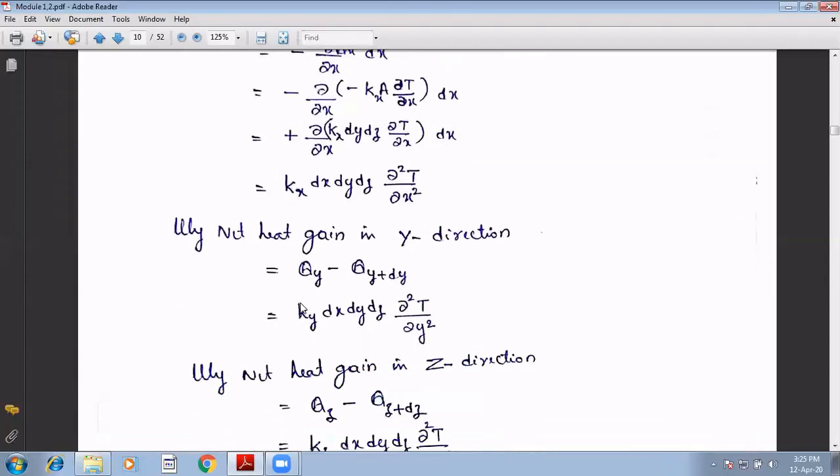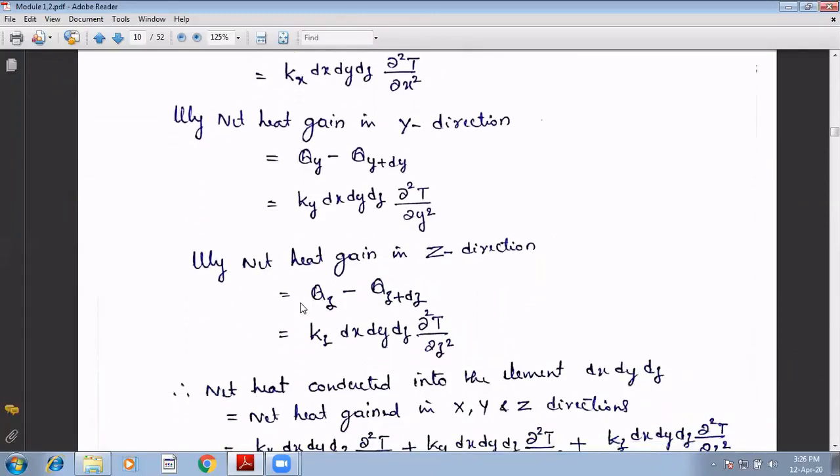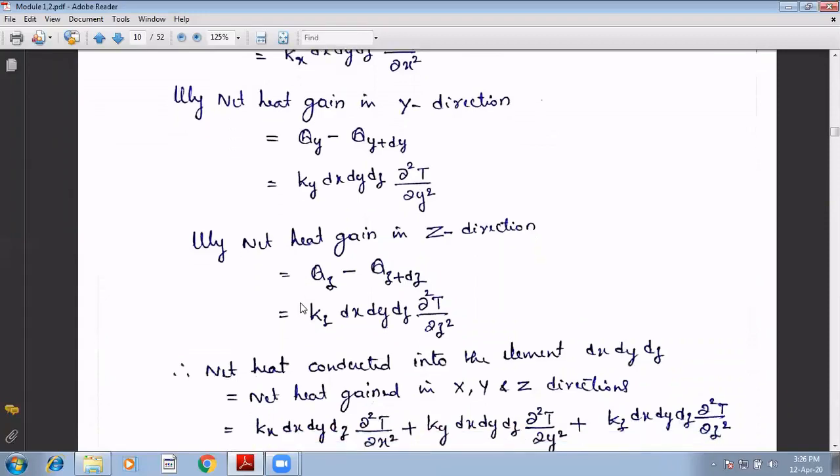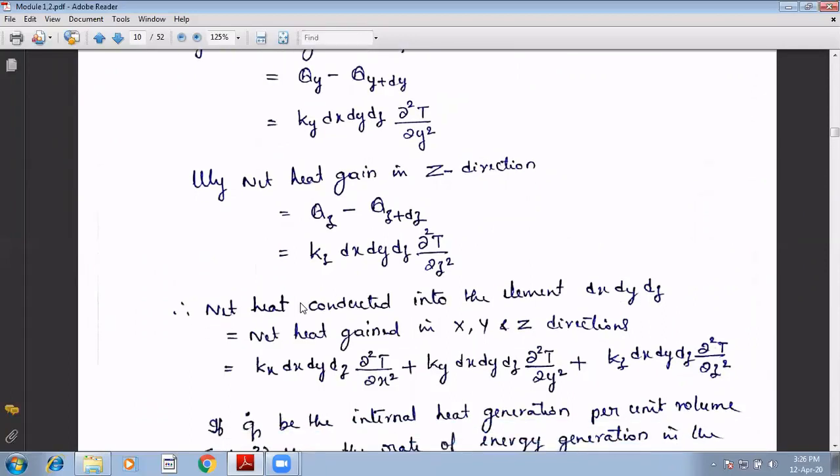Similar is the case with the y direction. ky is the thermal conductivity in the y direction. The same is the case with the z direction. Now, what is the net heat that is conducted?